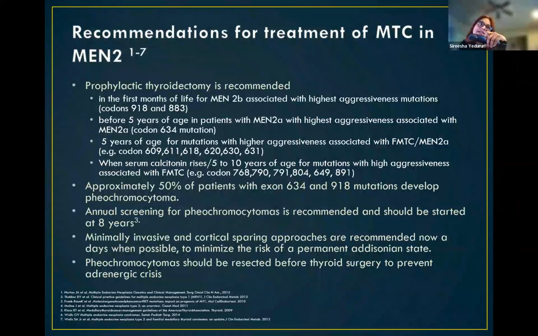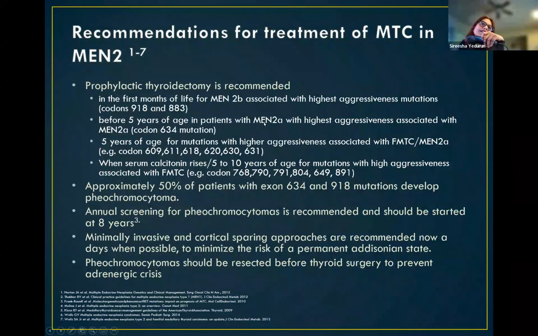Recommendations for treatment of medullary thyroid carcinoma. This is another thing I just want you to remember. Prophylactic thyroidectomy is recommended in the first month of life for MEN2, and in the first 6 months of life for patients with MEN2B. This is associated with the most aggressive mutations, most commonly codon 918 and very rarely 883. These are the two mutations associated with MEN2B.